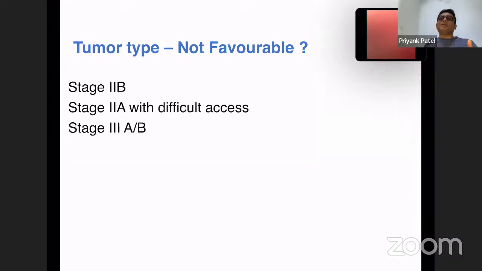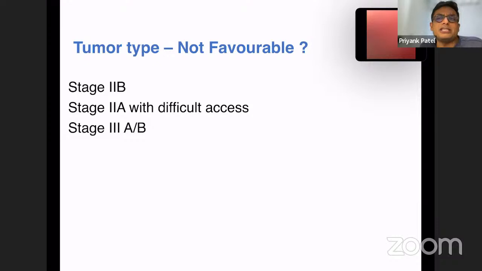You have to remember that your anesthetist, your hospital, everybody has to be ready for a high-end surgery. The blood loss in sacrectomies can be as high as 21 liters. That has been described in literature. So you should know what you're getting into.